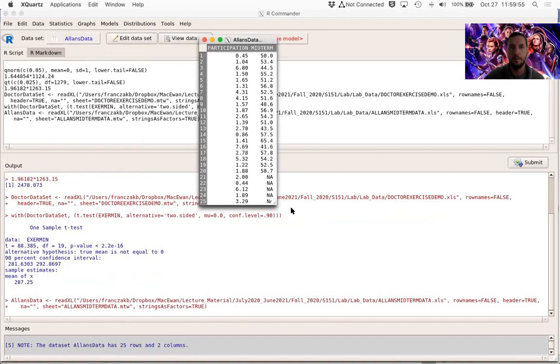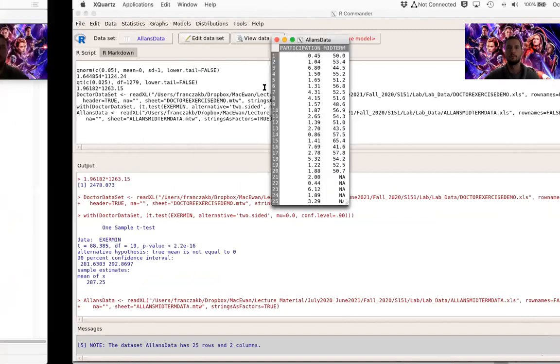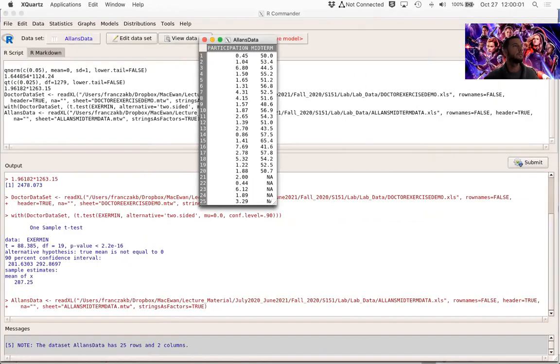So we have participation and we have midterm. Okay, so we have 2 variables here. All right, so we are only going to be working with the midterm grade of these first 20 students. So hopefully Rcmdr will just automatically ignore those NAs.